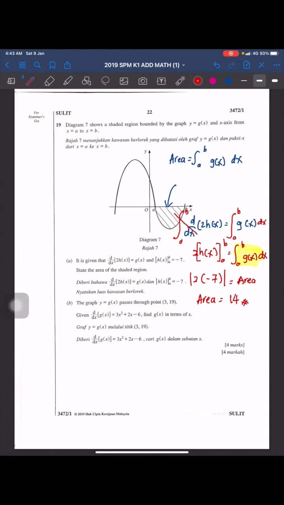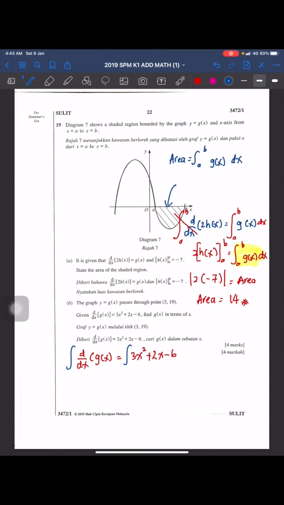The graph y equals g(x) passes through point (3, 19). Given d/dx of g(x) equals 3x squared plus 2x minus 6. The question wants us to find g(x). We know that integration is actually a reverse process of differentiation.